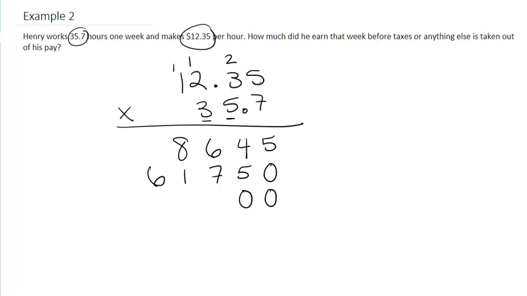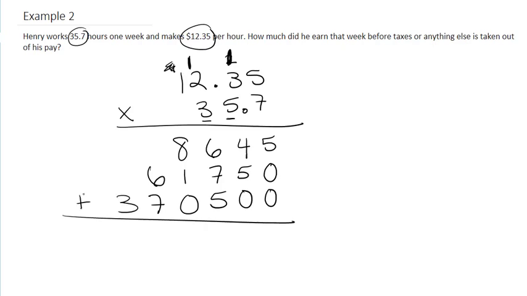So now we have 3 times 5, which is 15. Make that a 1. 3 times 3 is 9, plus 1 is 10. So we have to also carry a 1. 3 times 2 is 6, plus 1 is 7. And then 3 times 1 is 3.